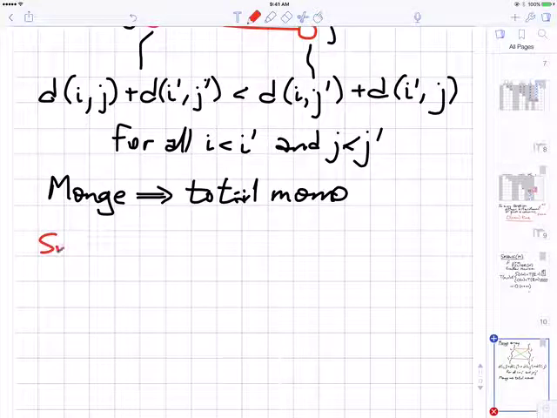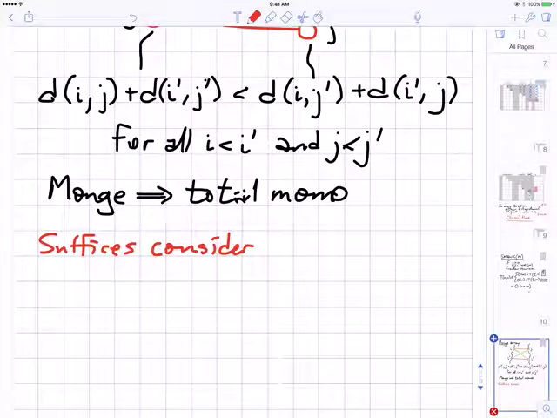So it actually suffices to consider adjacent rows and adjacent columns.